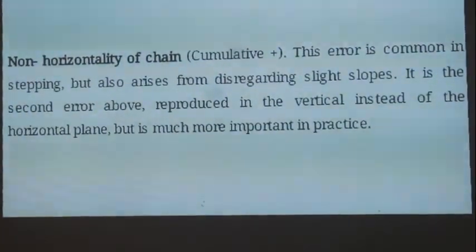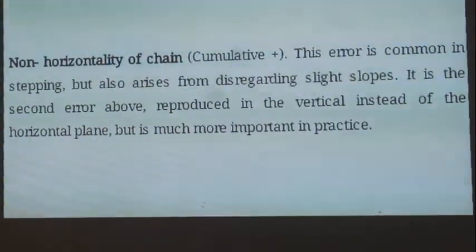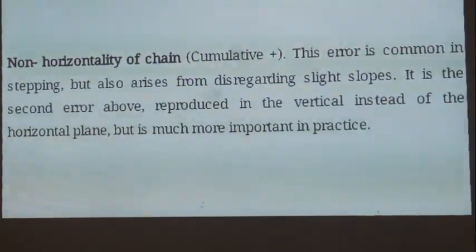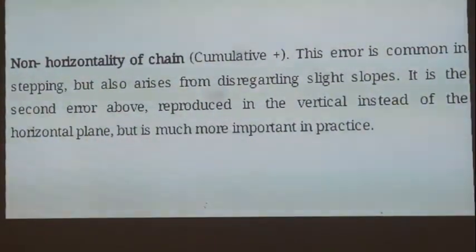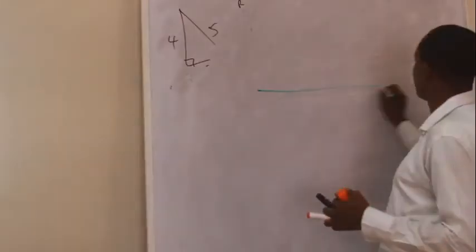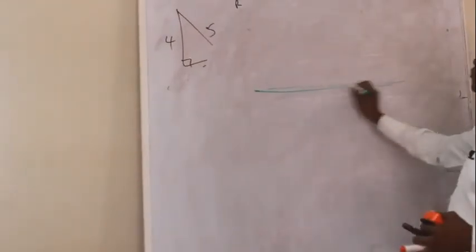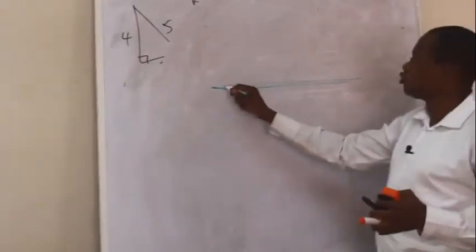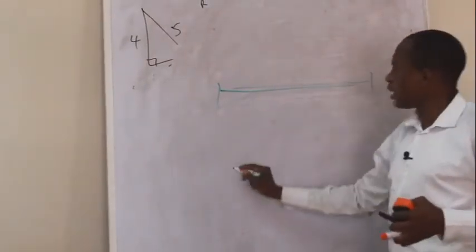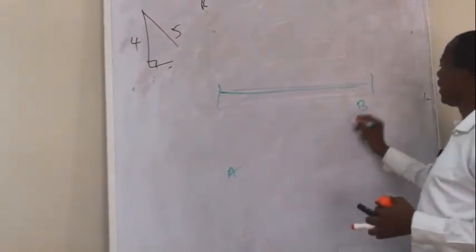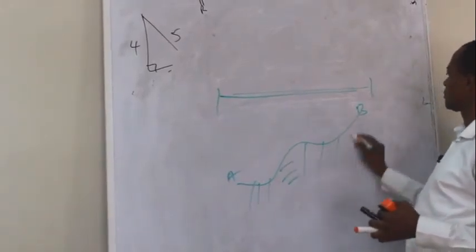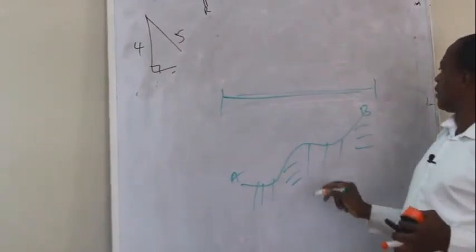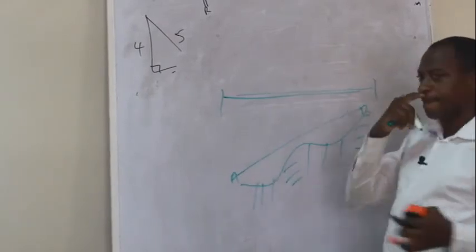And that one on horizontality of chain. This is normally when you are measuring a place where maybe you have a slope. Normally in surveying, when we measure between any two points, we convert whatever we have measured to horizontal length. Assuming the point is A, and that point here is B. Look at the terrain. This is the slope distance.